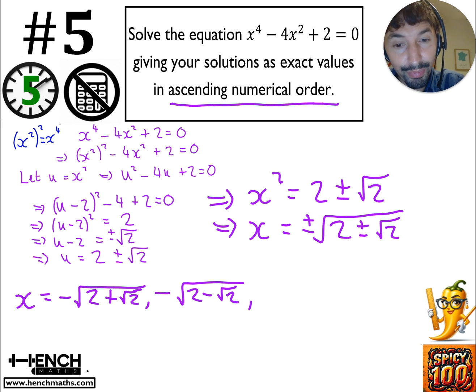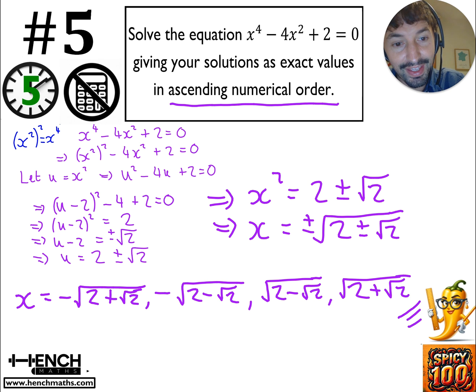Now we go to the smallest positive solution, which will be the square root of 2 subtract root 2. The largest in ascending numerical order will be the square root of 2 plus root 2. And they are your 4 solutions in ascending numerical order.